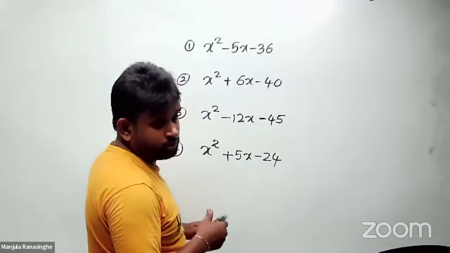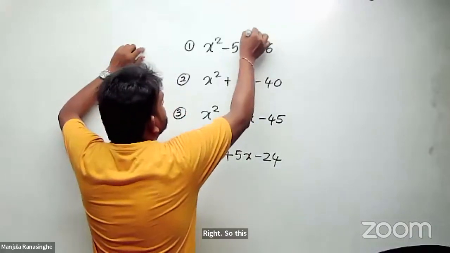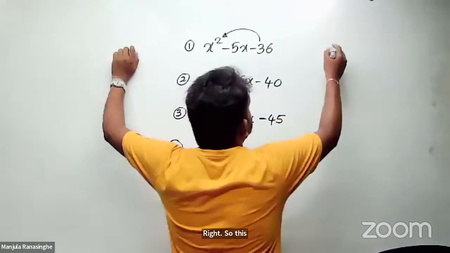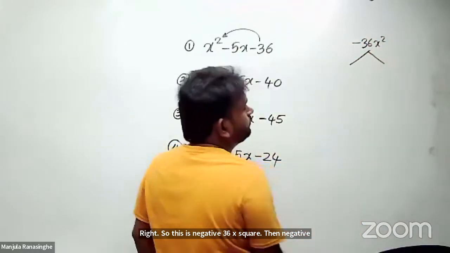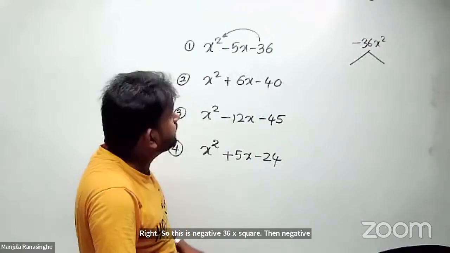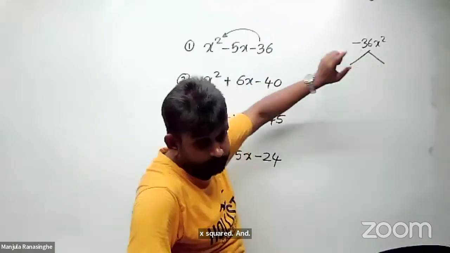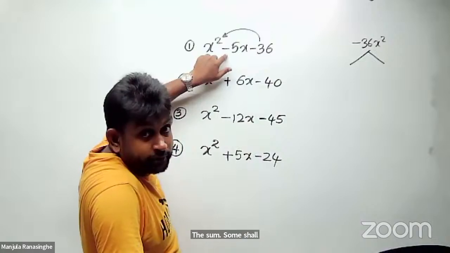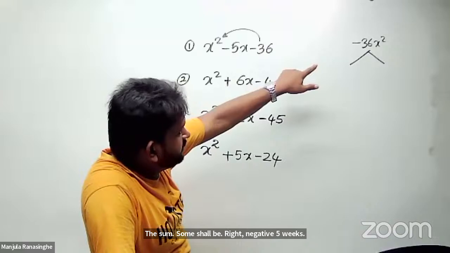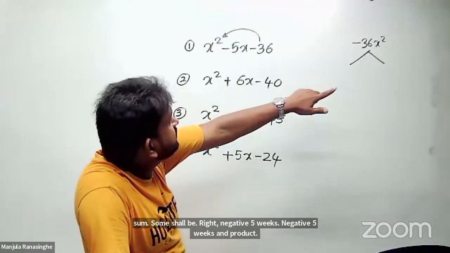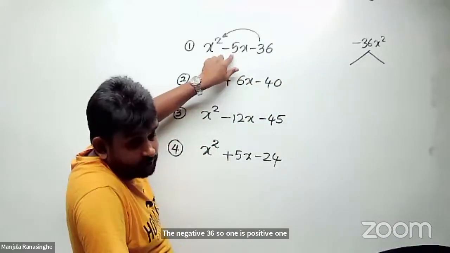Right. So this is x squared, then negative 36, and the sum shall be negative 5x, and the product negative 36. So one is positive, one is negative, then the difference shall be 5.